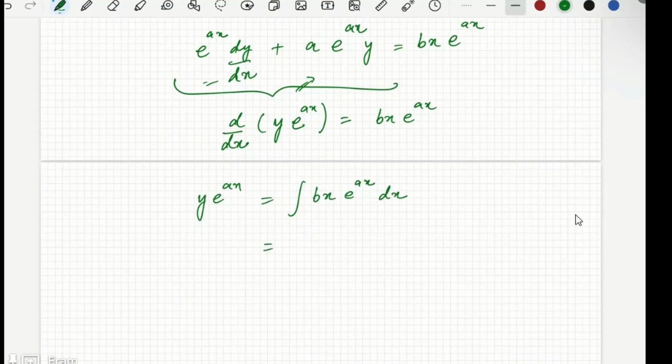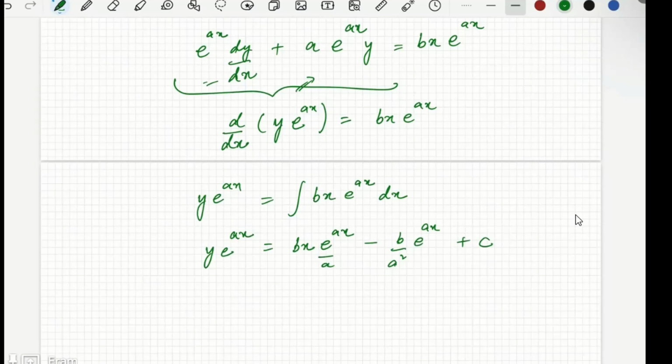What will be the integration of this? You can find it using integration by parts. It will give you bx e to the power ax by a minus b by a square e to the power ax plus an integration constant, and this equals y e to the power ax.